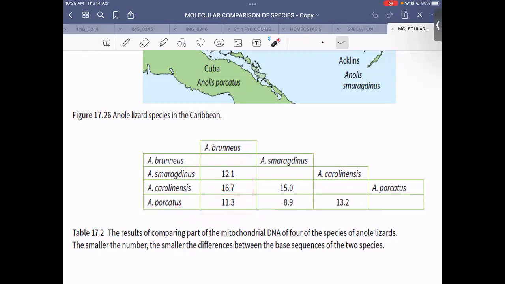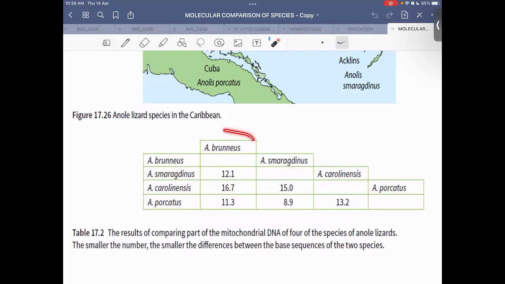If we keep on comparing these differences, we will see that every species, which means Brunnius, Smaragdinus, and Carolinensis, their differences with each other are much, much more as compared to their differences with Porcatus.